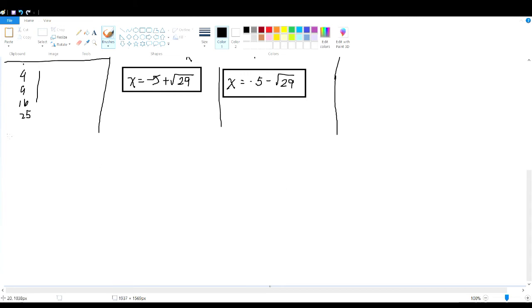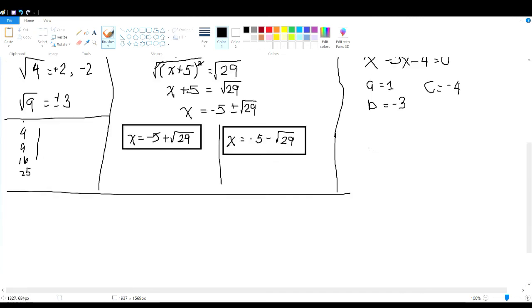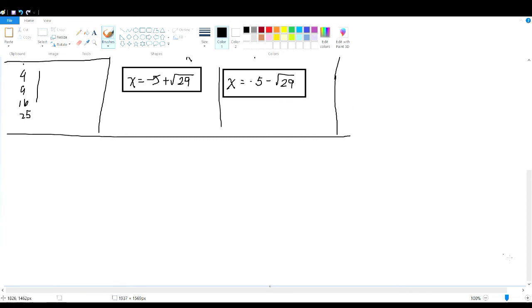Magbibigay ako ng example na perfect square number siya.